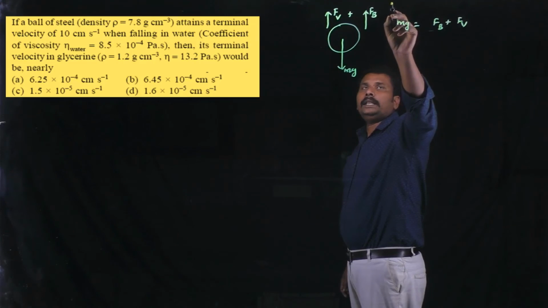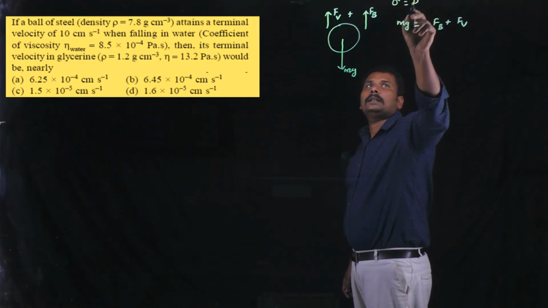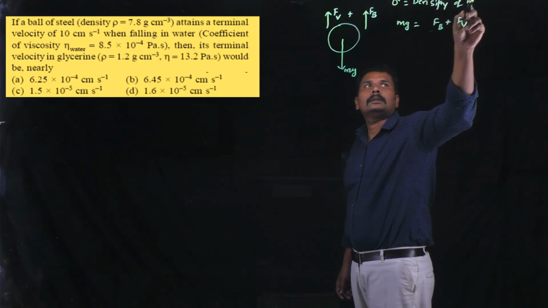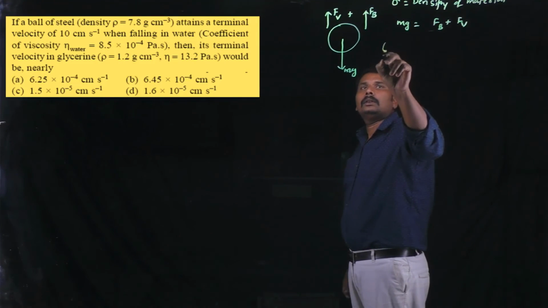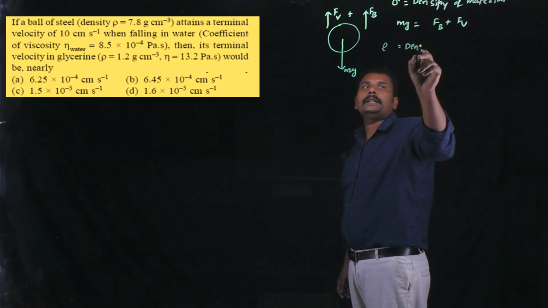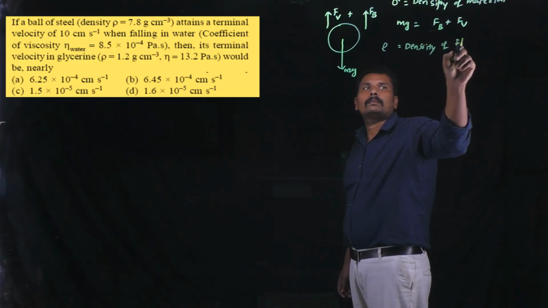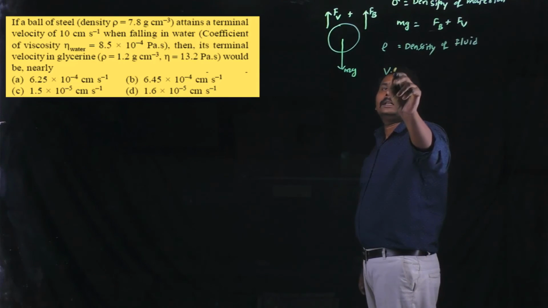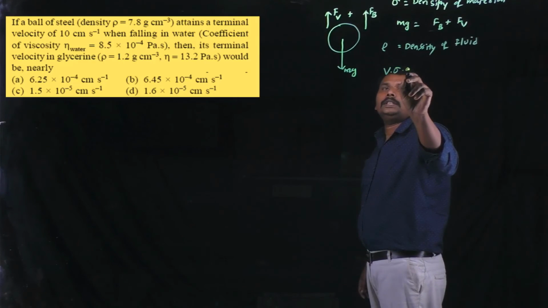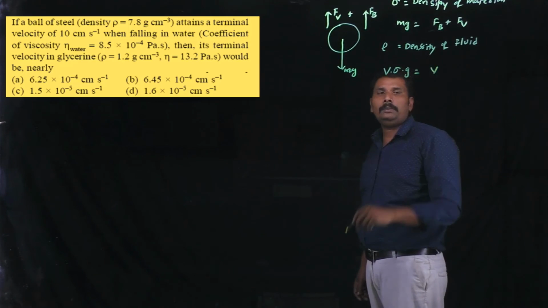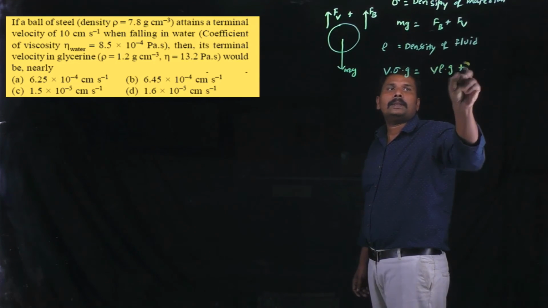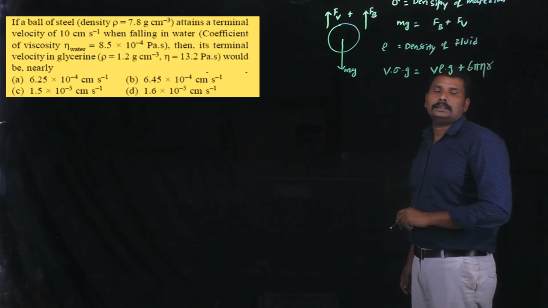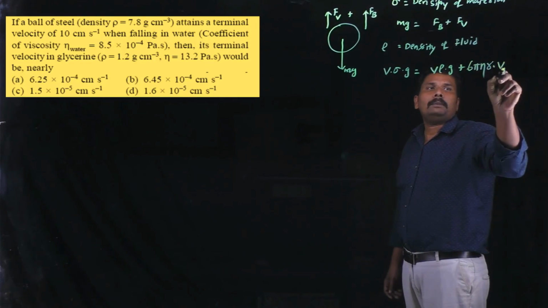Here sigma is the density of the material and rho is the density of the fluid. Mass, which is volume into density of the material into g, equals buoyancy force, which is volume into density of the fluid into g, plus viscous force, which is 6 pi eta radius of that object into the terminal velocity.